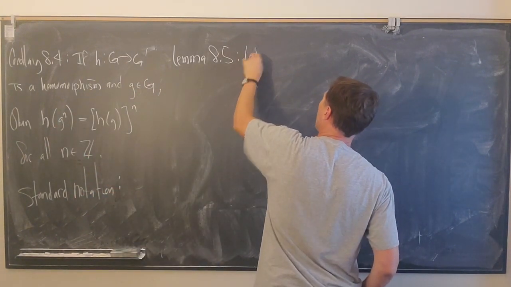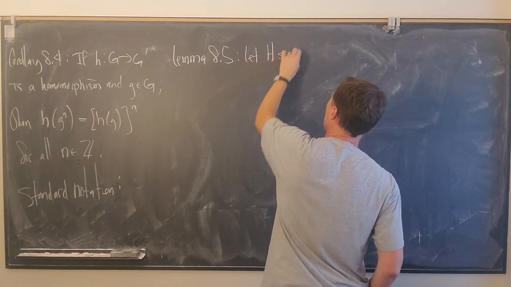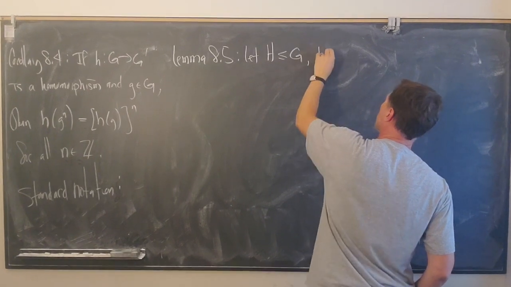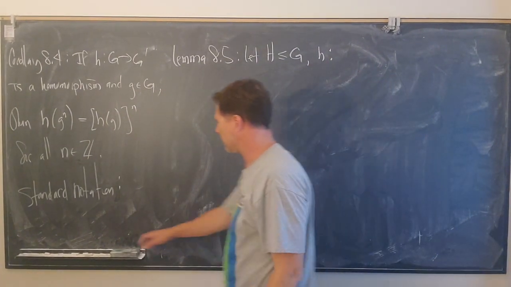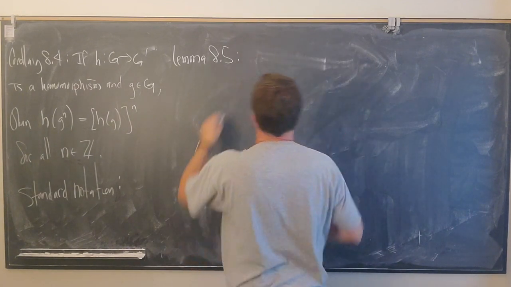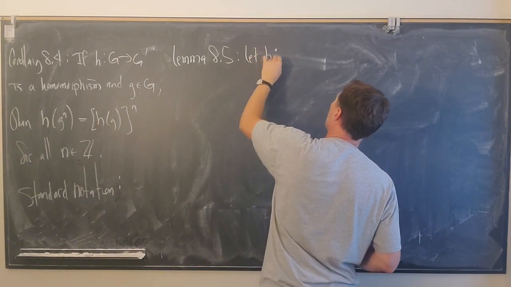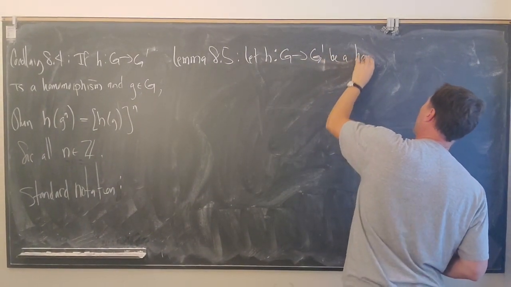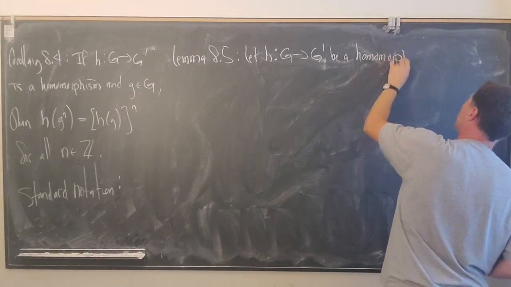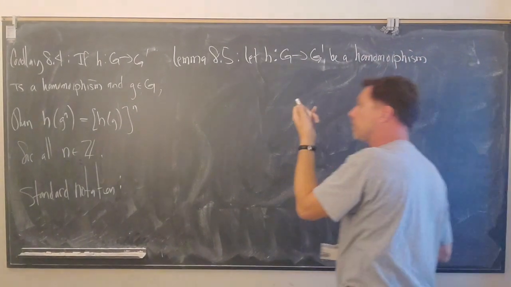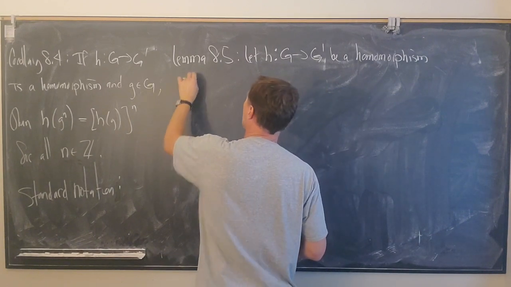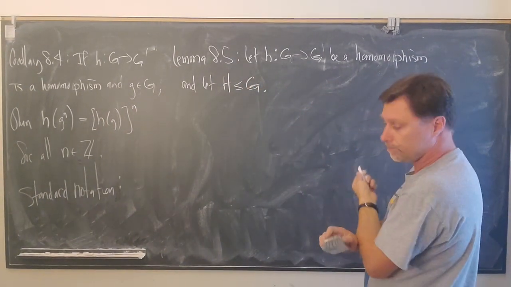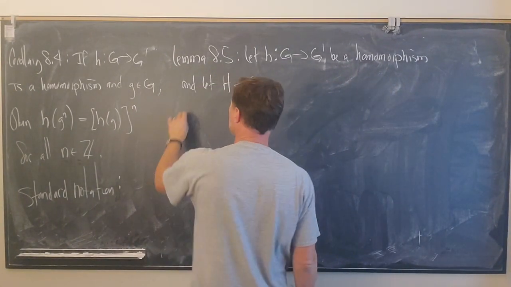So let H from capital G to capital G prime be a homomorphism, and let H be a subgroup of G. Two parts to this, right?